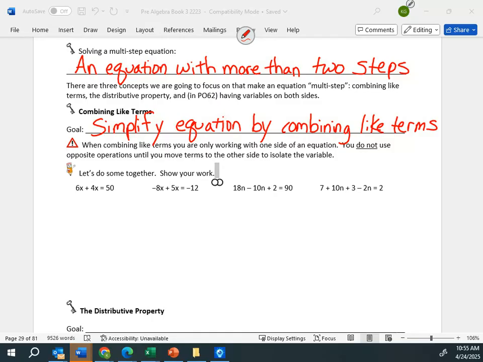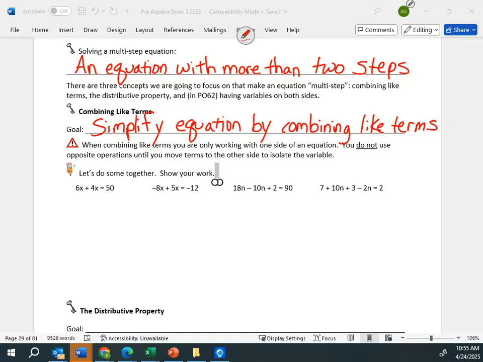So we have to make sure the variables are the same or they're constants. Always remembering to keep that minus or adding the plus, turning it into positives and negatives, keeping it together with the number that follows it. So when combining like terms, you're only working with one side of the equation. So you're only combining the like terms on that side.